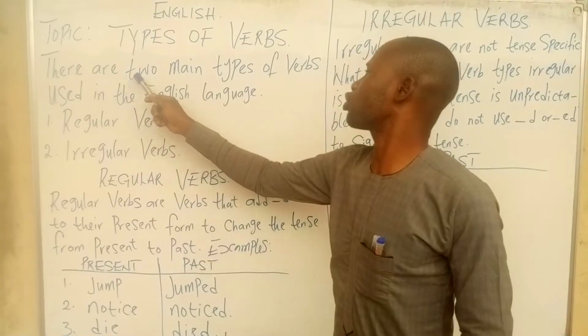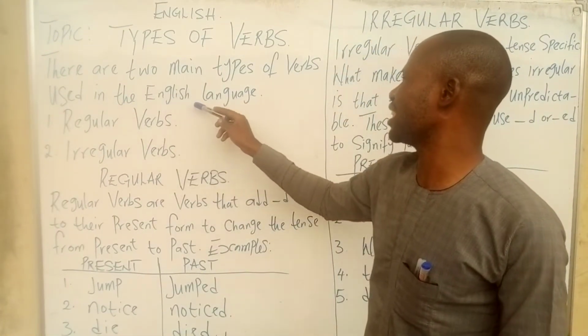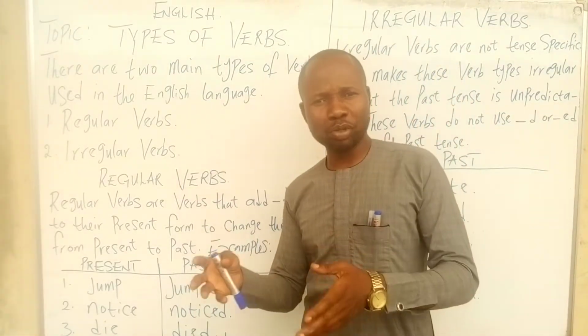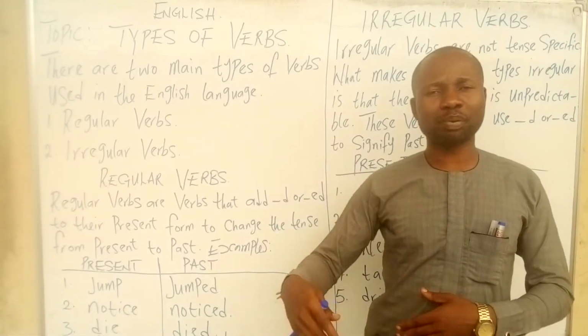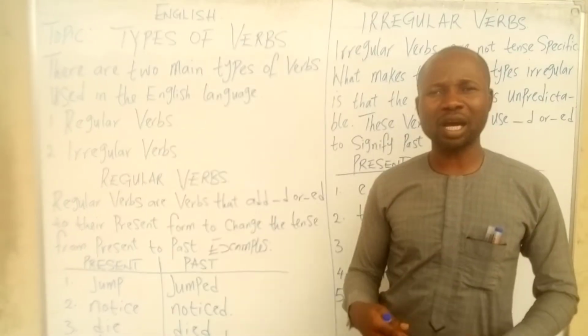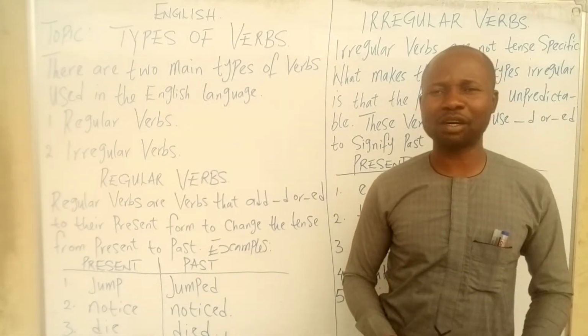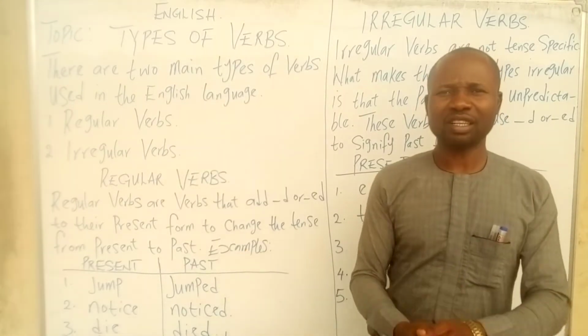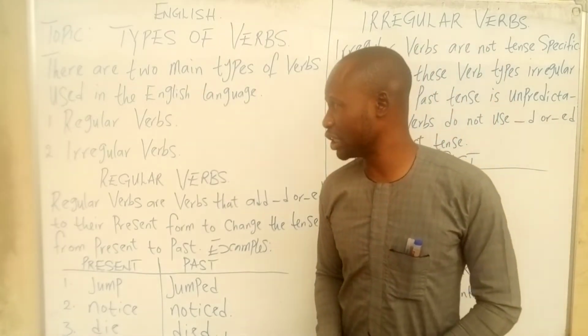There are two main types of verbs used in the English language. That means there could be other types of verbs, like when we look at the present continuous aspect, the present simple aspect, the past simple, but I will talk about those in my next video.